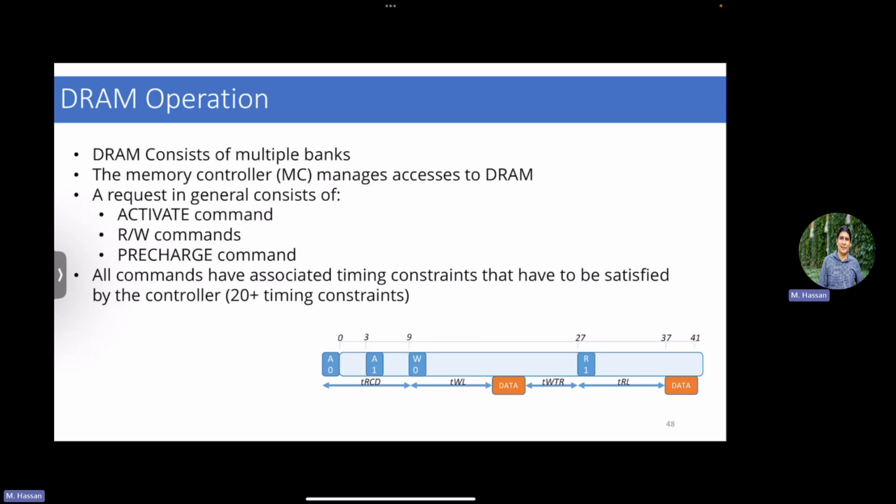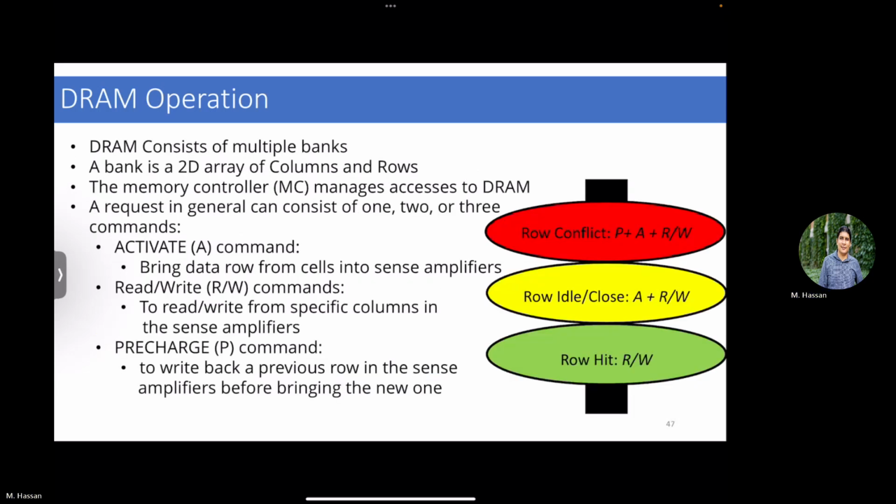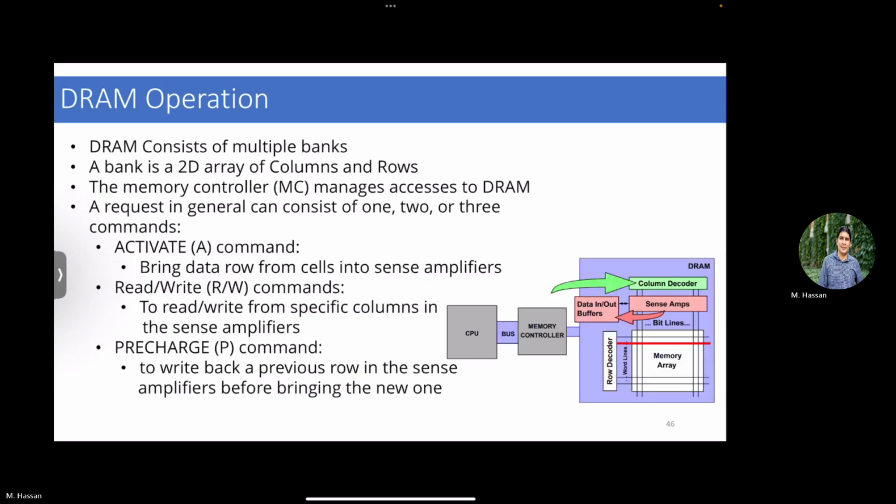After this time, you do the writing. Then once you issue your write command, you need to wait for some time again. It's called tWL, the column write to data time. This is the time where, if we go back to our figure here, it takes for the sense amplifiers to read the columns and push them to the output pins, right? Here, I did the read command, write command.